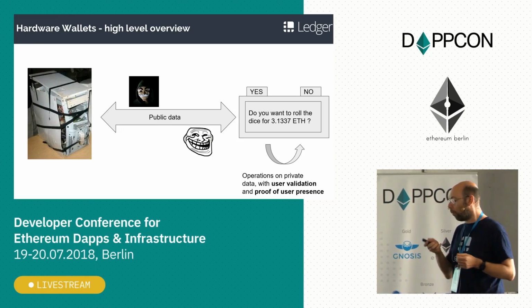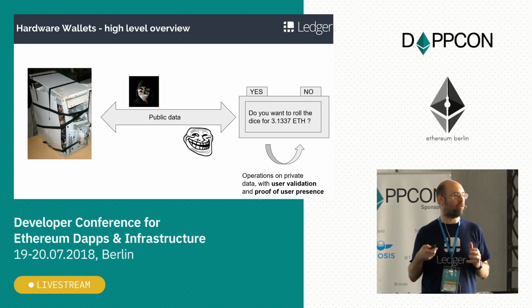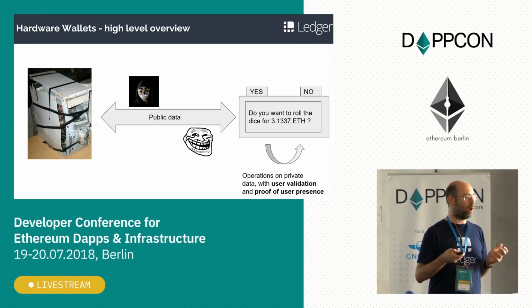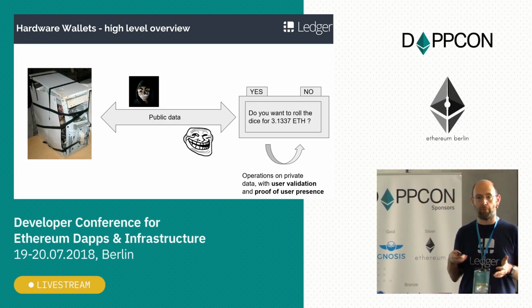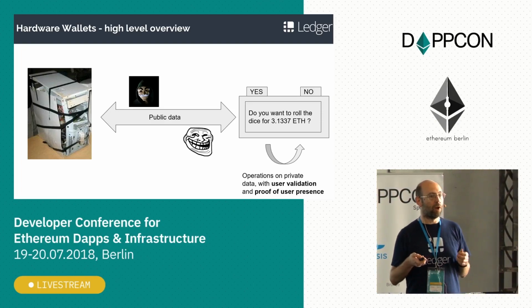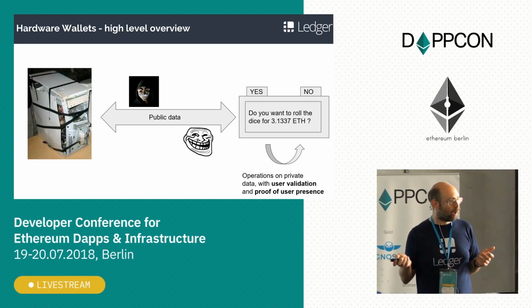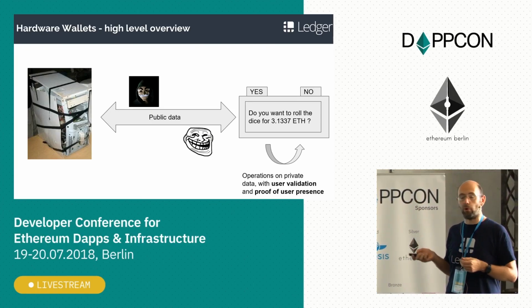So the hardware wallet performs all cryptographic operations inside a secure device. The idea is to prevent people from stealing the private keys, and to prevent smart malware that could either make you sign something you don't want to sign or just make you lose money because it's fun.